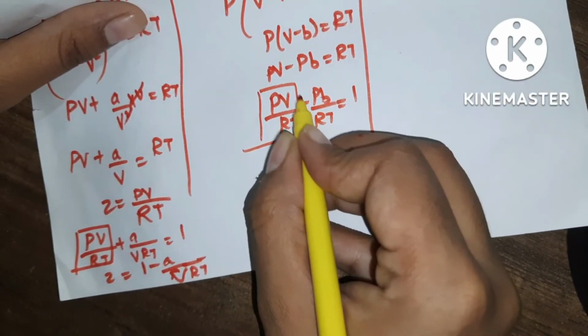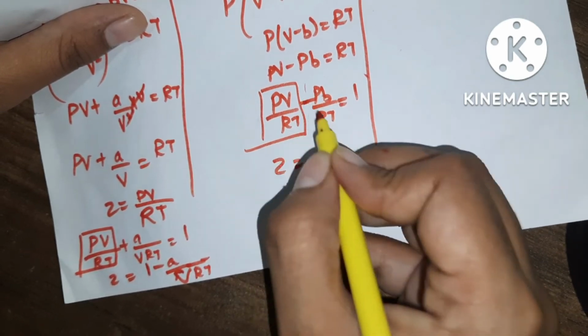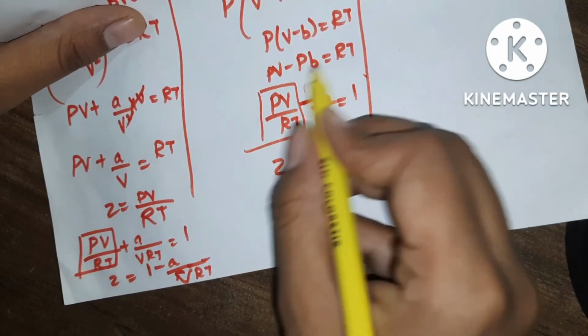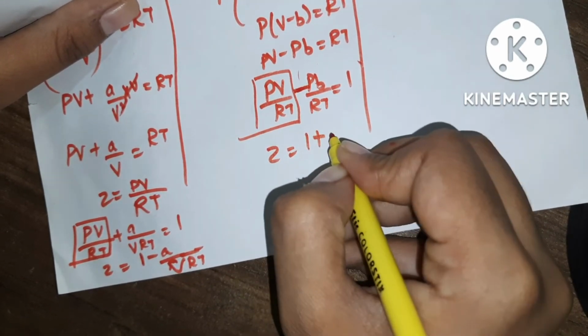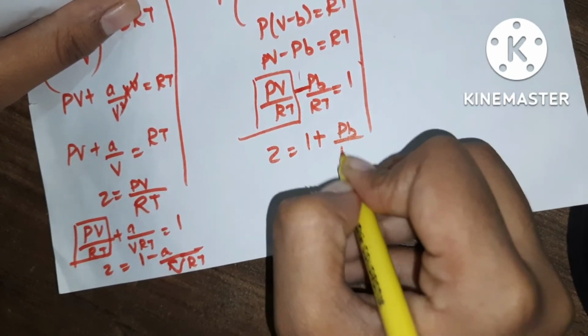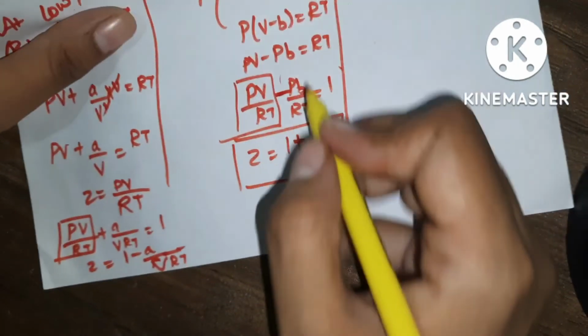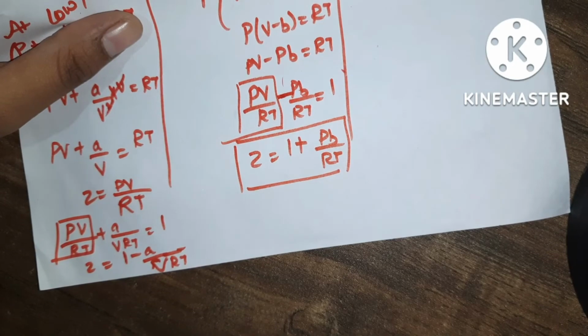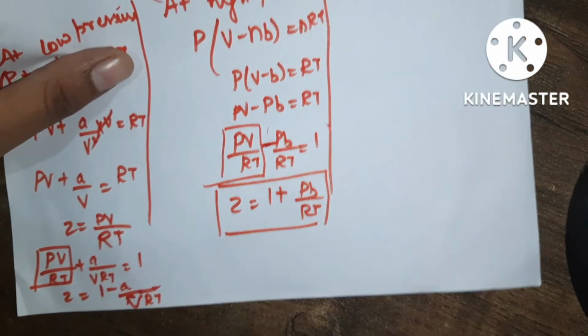Z. So this term goes to the other side; it is negative on the left, so on the right-hand side it will be positive: Z = 1 + Pb/RT. At high pressure, the Z value is greater than 1.